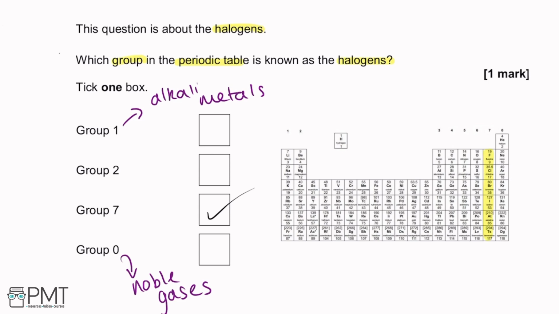Now, as an interesting point, the word halogen is Greek for salt former. And what do group 7 elements do? Well, when a group 7 element reacts with metals, they will form salts. So that's just a little bit of interesting knowledge as to why we call the group 7 elements the halogens.